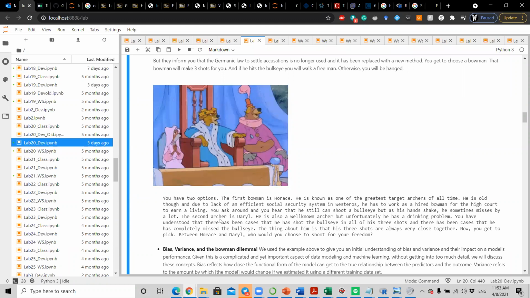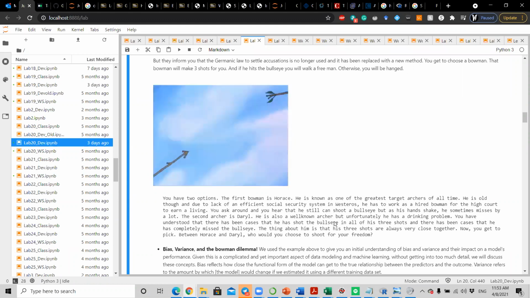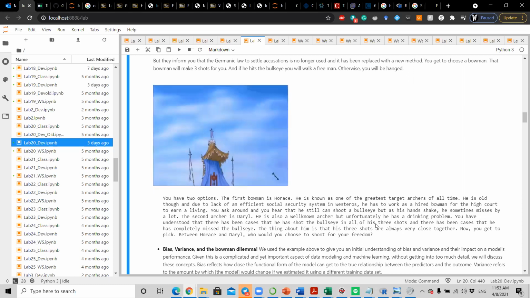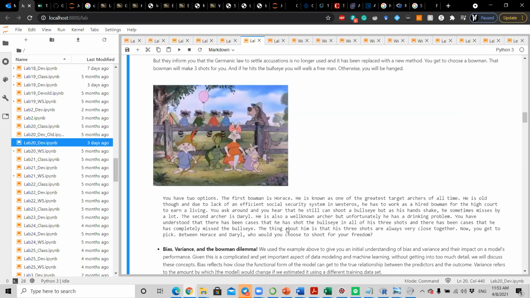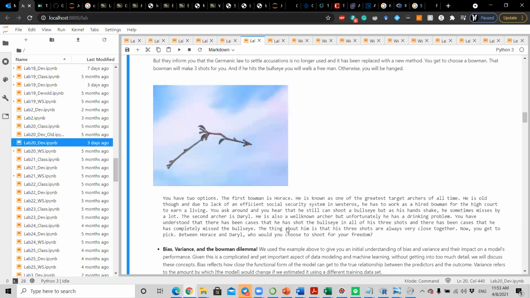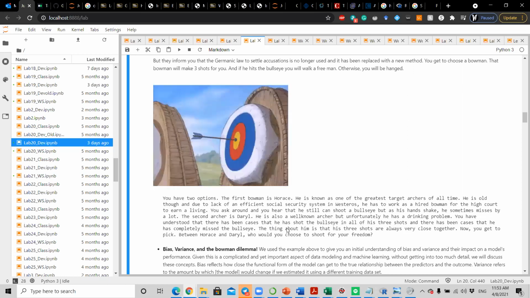The second archer is Daryl. He is also a well-known archer, but unfortunately he has a drinking problem. You have understood that there have been cases where he has shot the bullseye in all of his 3 shots, and there have been cases where he has completely missed the bullseye. The thing about him is that his 3 shots are always very close together.